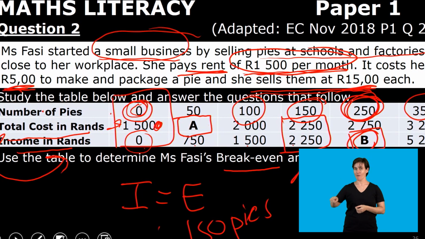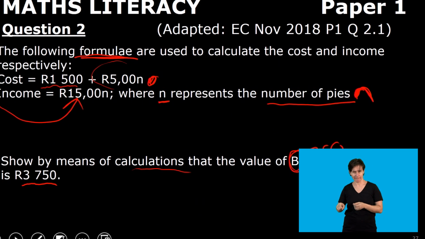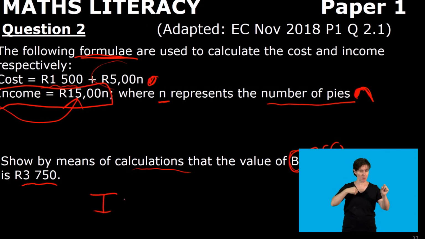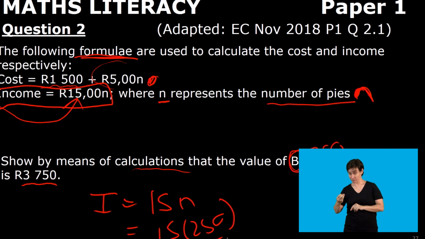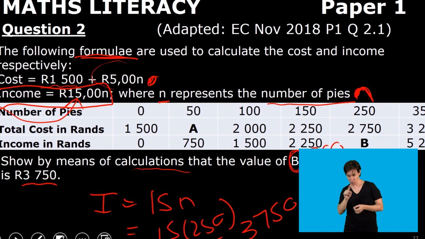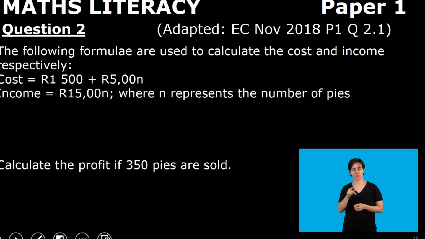So can you see, you look at the table, you choose your formula, income is 15N, and that is then 15 times 250, and then your answer must be 3,750. Remember to refer back to your table. There's the table that we worked with, and the answer will be the same.